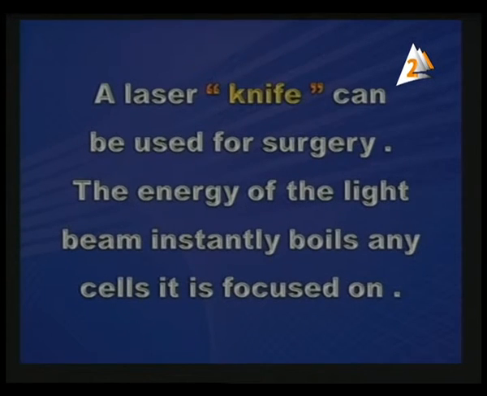A laser knife can be used for surgery. The energy of the laser light beam instantly boils any cells on which the light is focused.